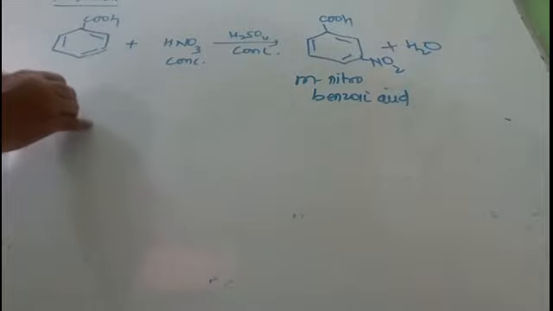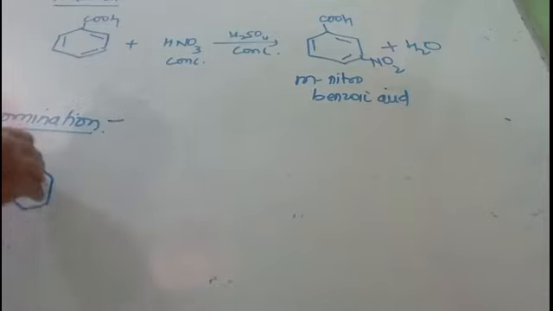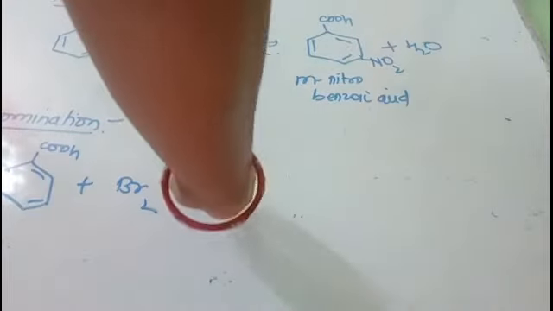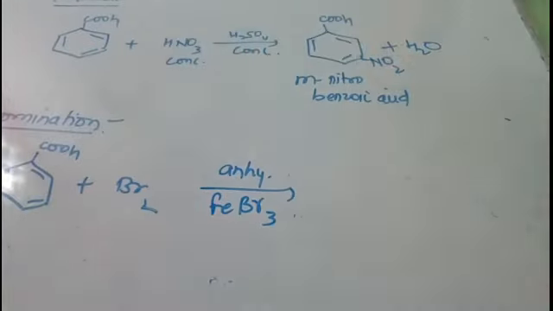Similarly, bromination. Upon bromination, bromination will be done in the presence of Lewis acid, anhydrous FeBr3.